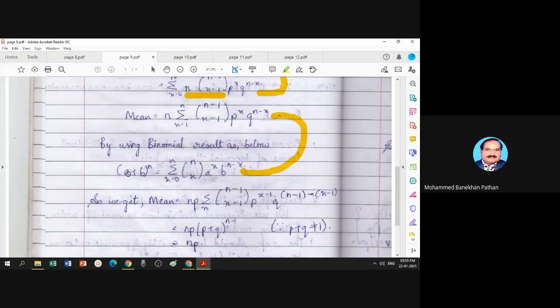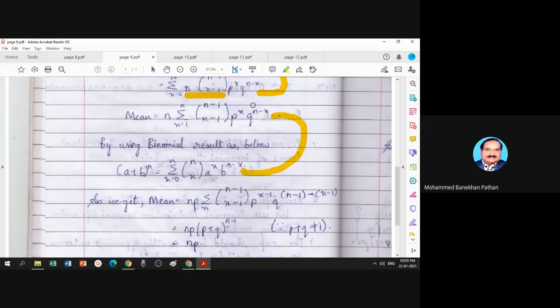So if you want to apply this result, the power of p should be x minus 1 and the power of q should be this minus this, and that is n minus x. So no hurdle for q raised to n minus x. It satisfies this condition. But p raised to x should be x minus 1 here.